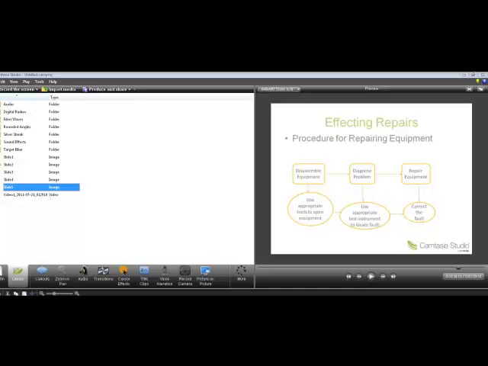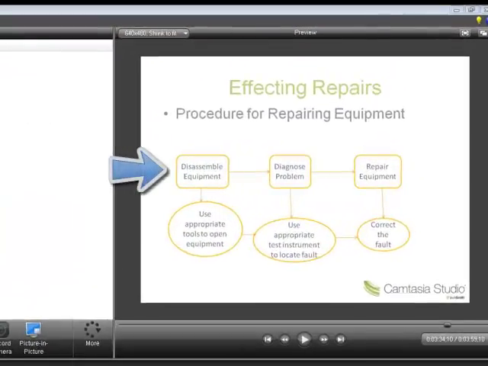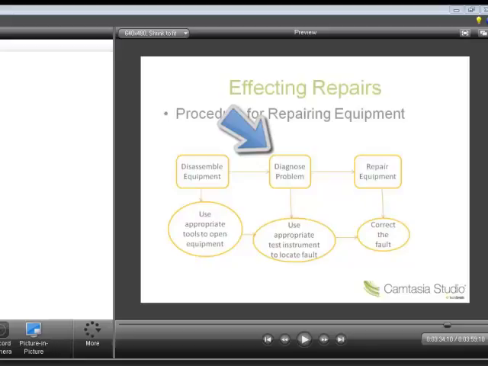Effecting repairs is the final step in the troubleshooting process. First, you will disassemble the equipment by using appropriate screwdrivers and pliers and any other tools that are necessary for that aspect of the job. Then you will diagnose the problem by using the appropriate test instruments such as a digital multimeter, oscilloscope, signal generator, frequency counter, among others.